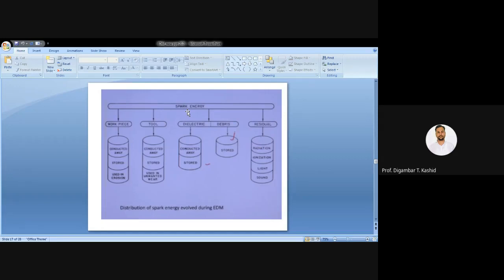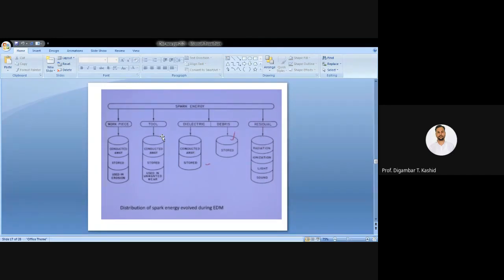Now the tool: the energy or heat taken away by the tool is again conducted away, stored, and used in unwanted wear. There is also ion bombardment on your tool, so some heat is conducted away, some is stored inside the tool, and some is used in unwanted wear.